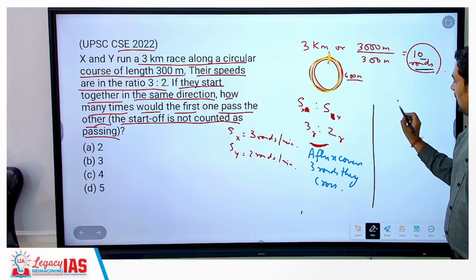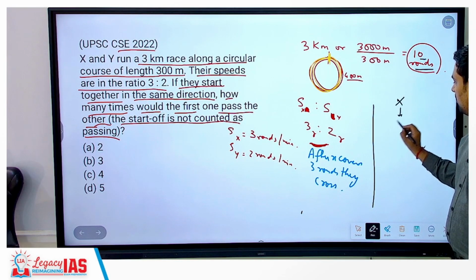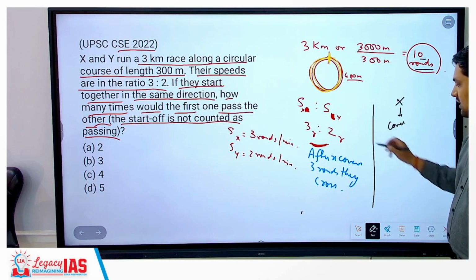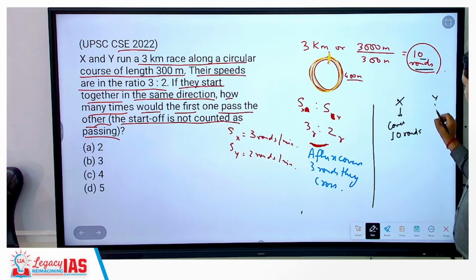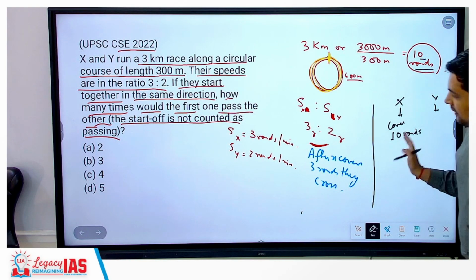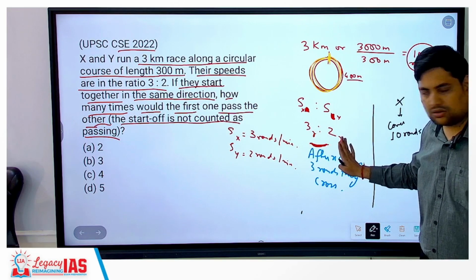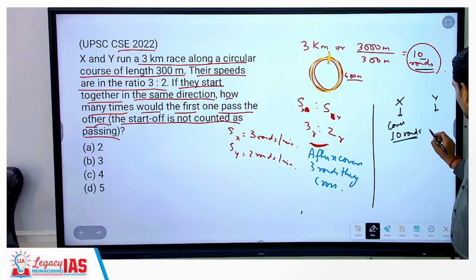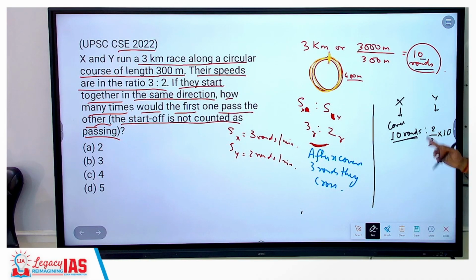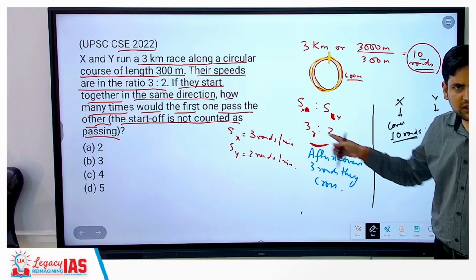So because X is faster, I want X to cover 10 rounds, and in that time I'll see how many rounds Y covers. So when X covers 3 rounds, Y covers 2 rounds. When X covers 10 rounds, how many rounds will Y cover? Y will cover 2 by 3 into 10, correct?